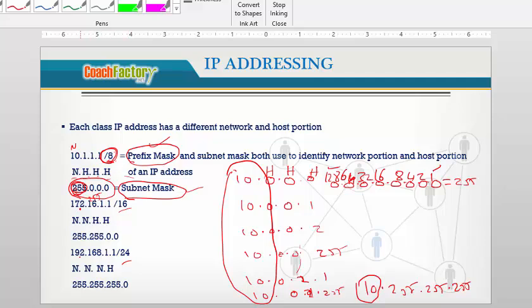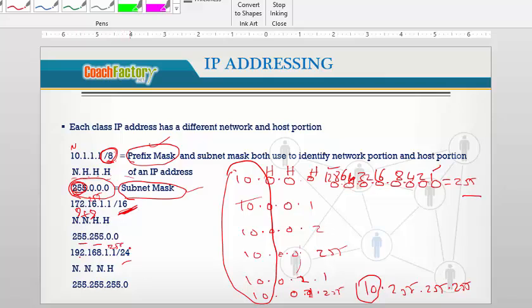In the same way, class B has 2 network portions, so /16, 16 bits are reserved, and 255.255. These are the bit values we calculated, 1 to 128, that's why 255. So all these numbers are reserved, we cannot use them. And the 0.0 means we can use up to 255.